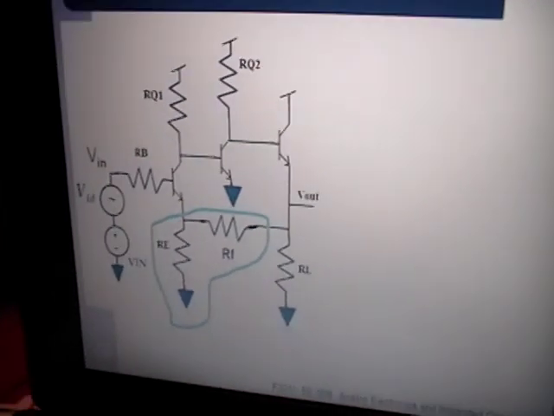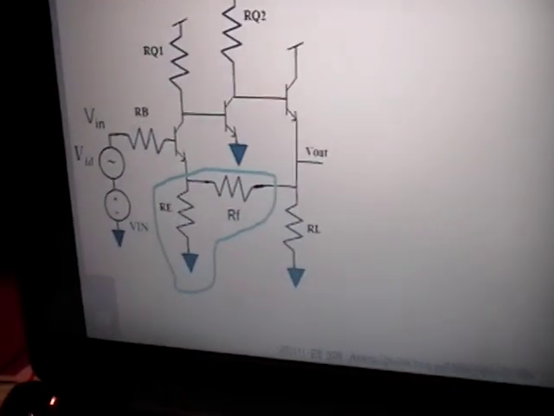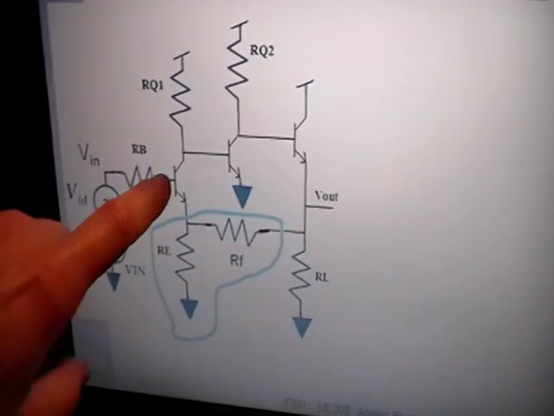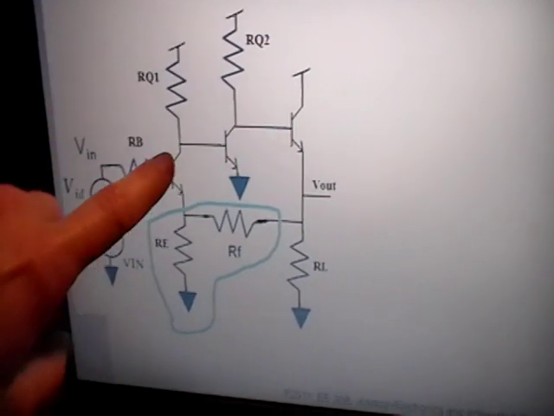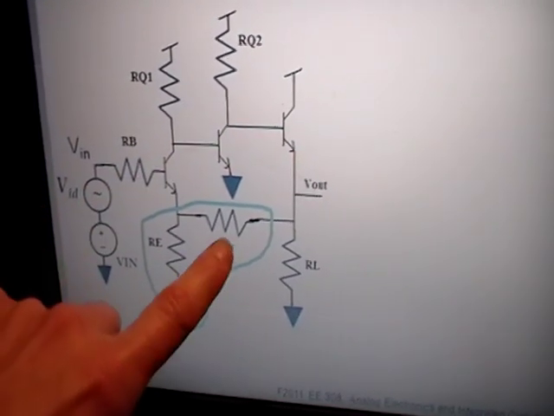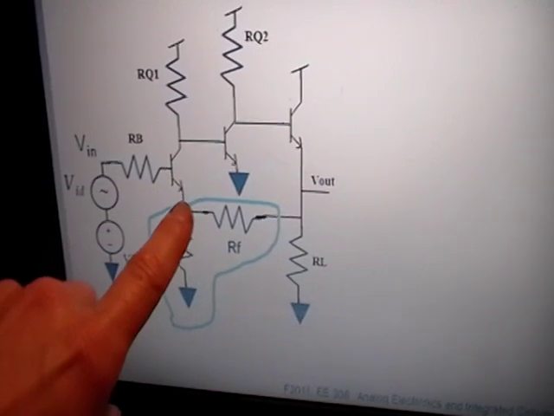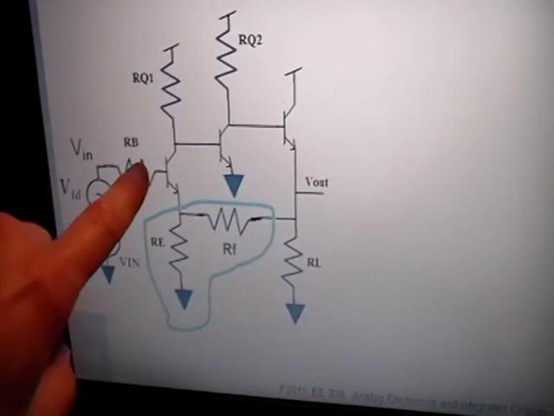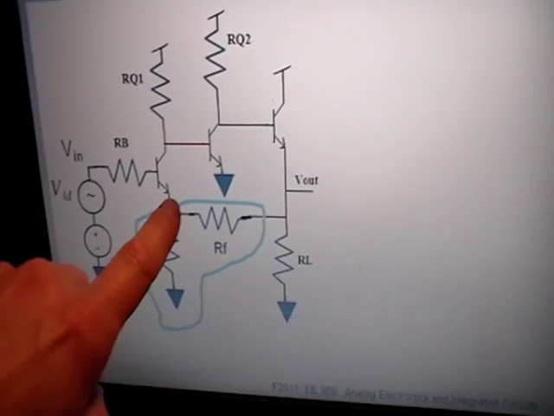Okay, now for the naming, series or shunt. Let's go from the input here. The input to your amplifier is right here, but the output of your feedback network is to this other terminal, to the emitter. So the input goes to the base, the feedback goes to the emitter.